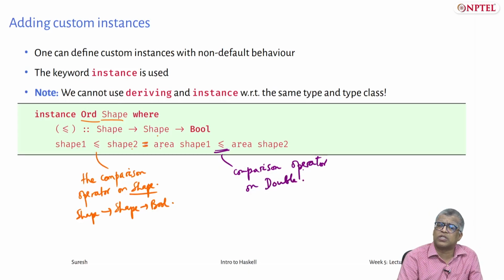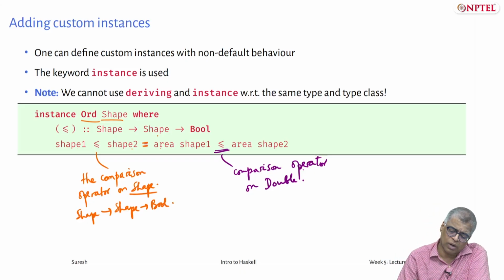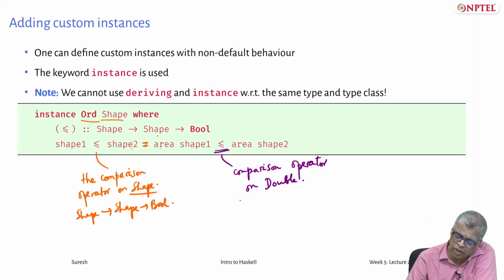If area of Shape1 is less than or equal to area of Shape2, I am deeming Shape1 to be less than or equal to Shape2. This is an arbitrary definition that I am making just for illustrative purposes, right? But this is how you define it. So this is the comparison operator on Double, and this is of type Double arrow Bool.